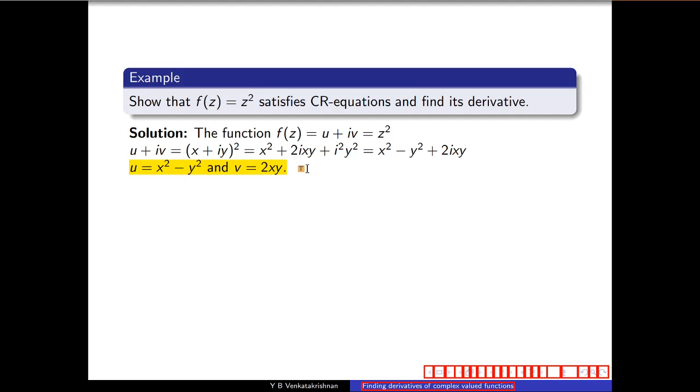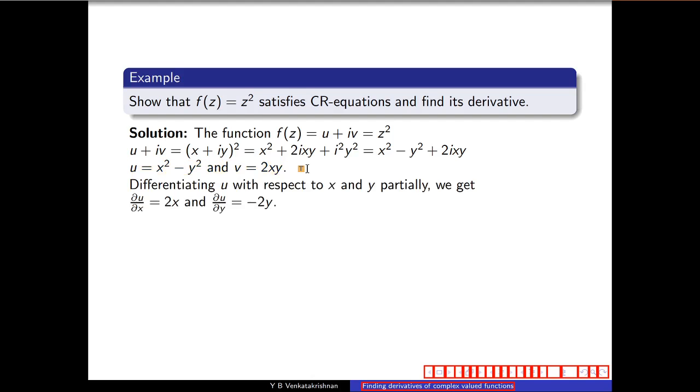So now you remember the CR equations. Dou u by dou x is equal to dou v by dou y. So all the partial derivatives are required. So now I calculate dou u by dou x and dou u by dou y, that is, differentiating partially with respect to x and y.